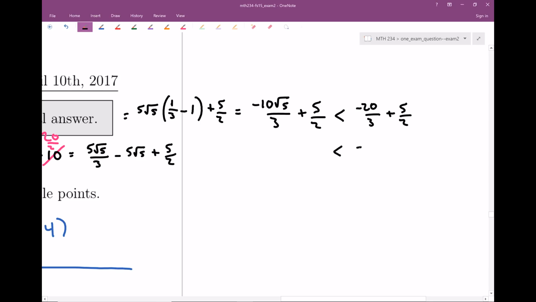That's negative 40 sixths plus, multiplying by 3 on top and bottom, 15 sixths. So that's negative 25 sixths, which is around negative 4 and change. So whatever it is, it's smaller than negative 4.